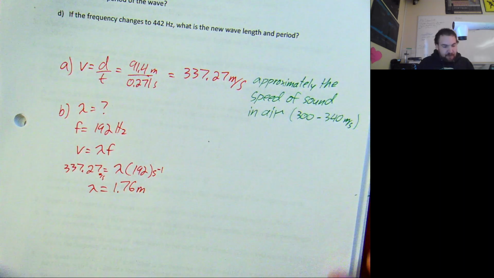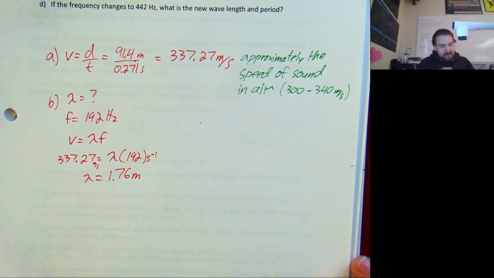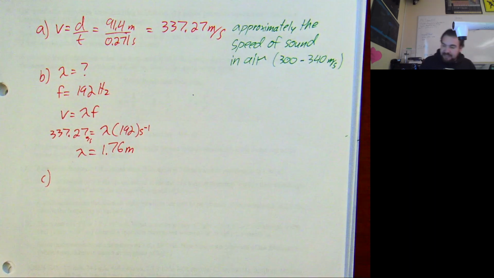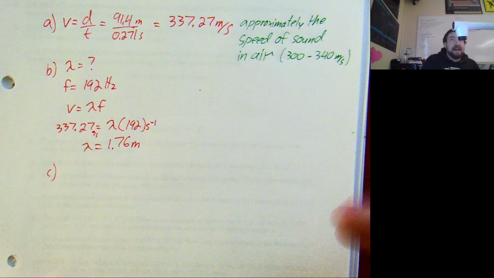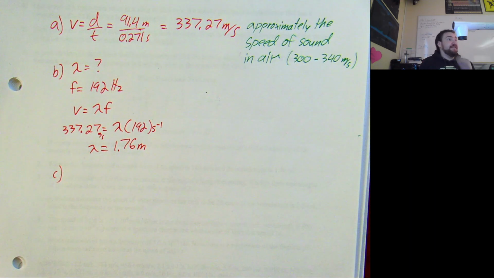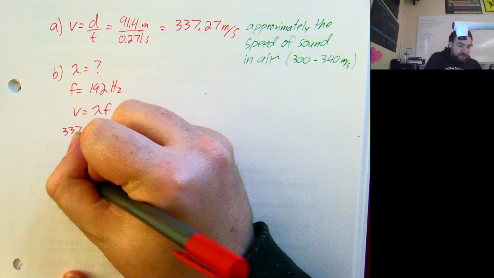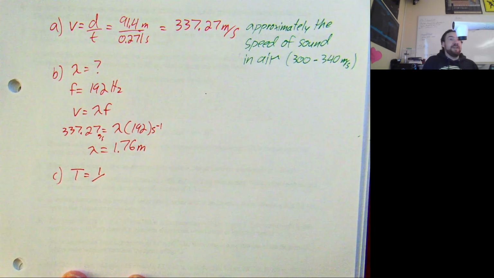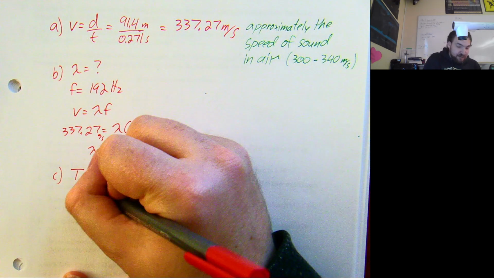So, we have found the speed of the wave, we've found the wavelength of it. The period's going to be nice and easy. The period, how is period related to the information we already have here? One over the frequency. Cool.